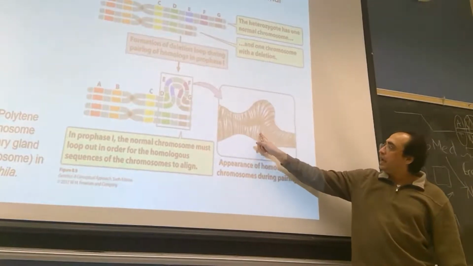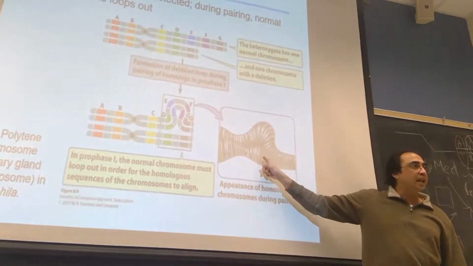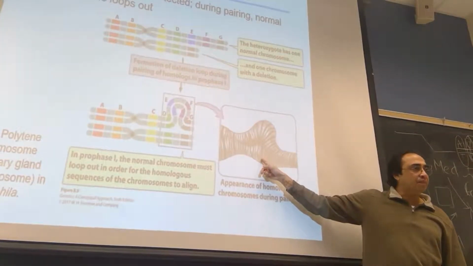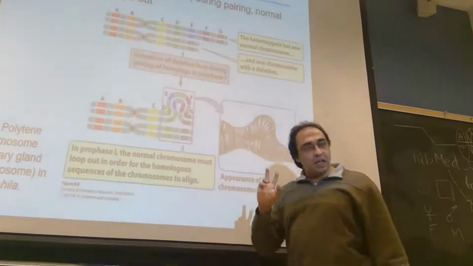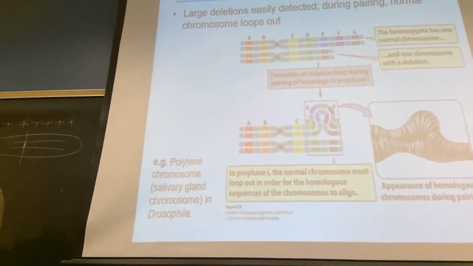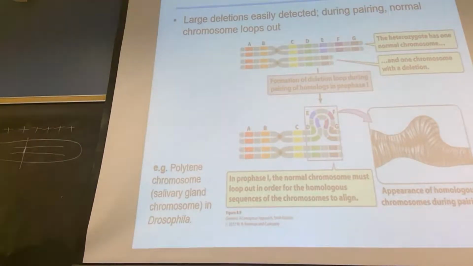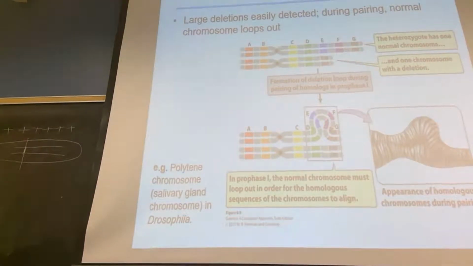It is indicating that these genes are missing here, so there is a deletion in this chromosome. So deletion and duplication loops can show us whether there is any deleted or duplicated part in the chromosome. Just by seeing the loop, we can identify whether it is a deletion or duplication.